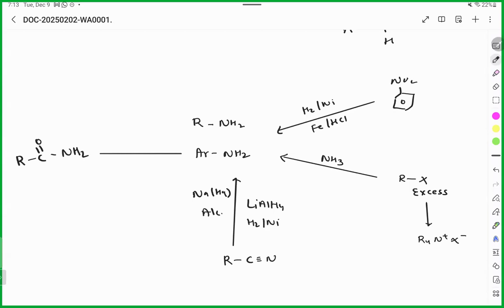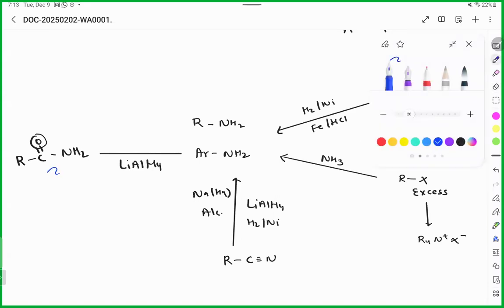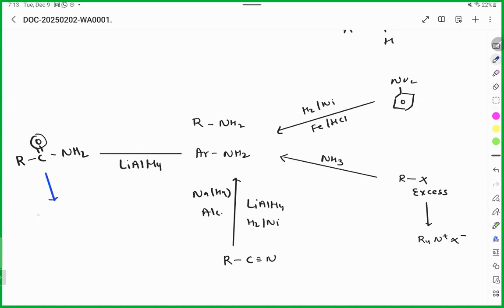Correct? Instead of this oxygen, you are adding hydrogen. The same reagent, lithium aluminium hydride. We usually prefer lithium aluminium hydride in this situation. Why? Strong reducing agent. By the way, one more important thing. In this reaction, product will be RCH2NH2.